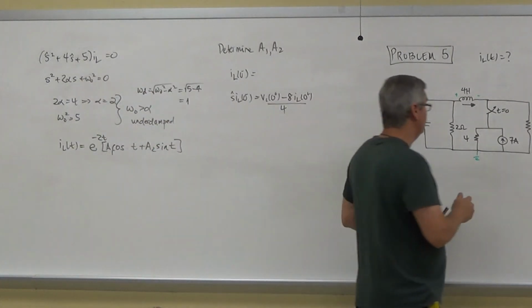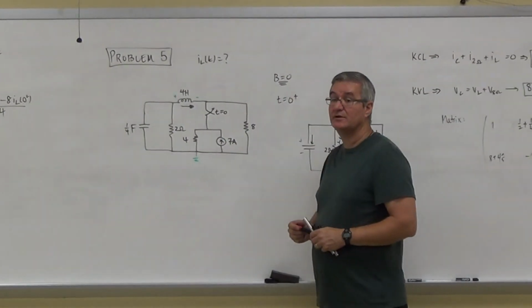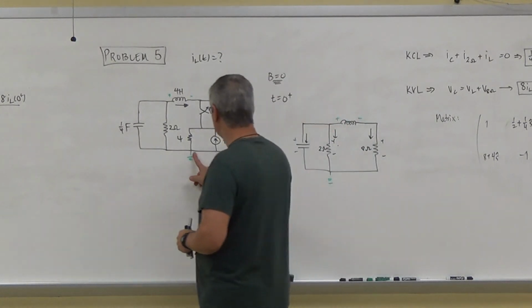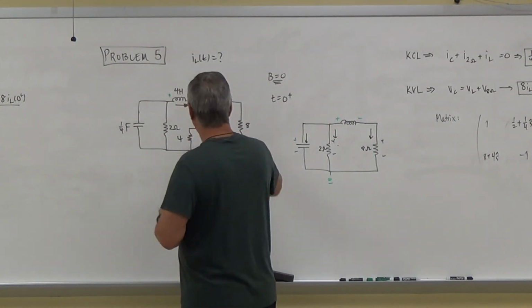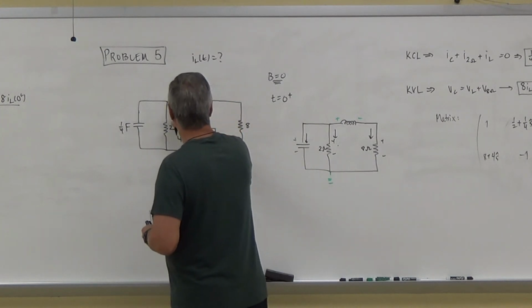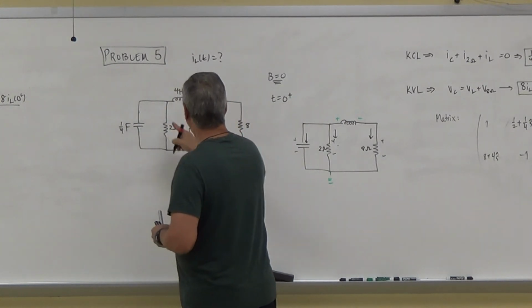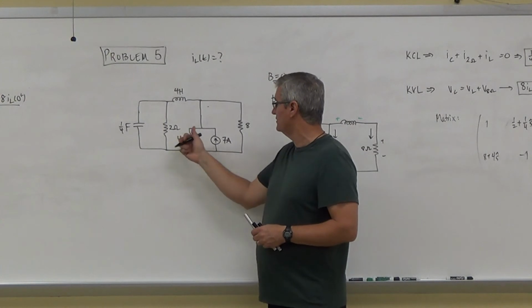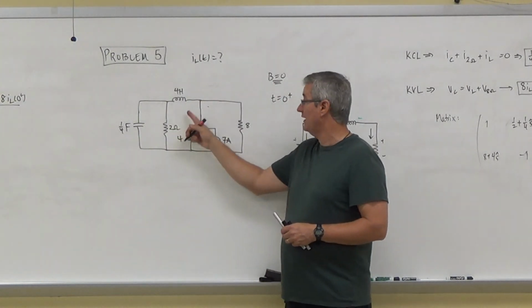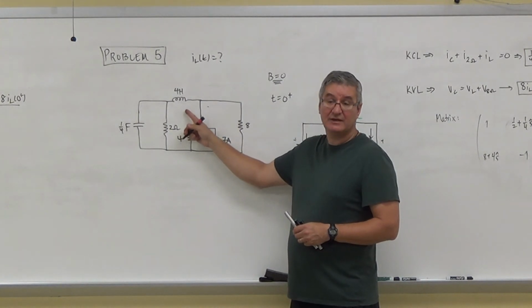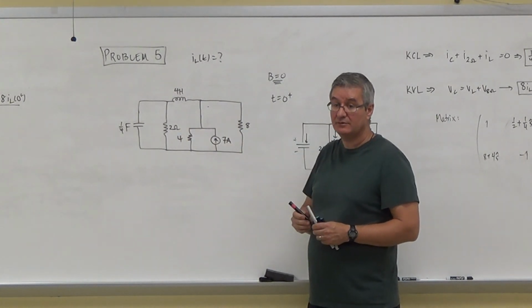I'm going to keep it right here. So I'm going to modify the circuit. So if I modify the circuit here, what we're seeing here is that I have this guy right here. And according to the inductor current here has to be in the opposite direction. So I immediately have to have a minus sign for the inductor current.